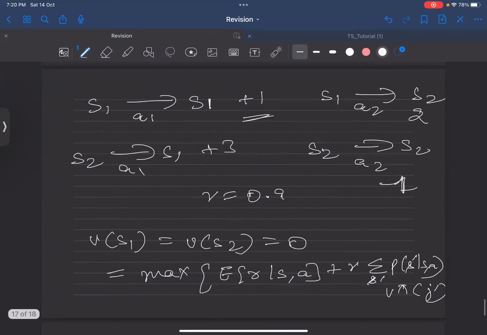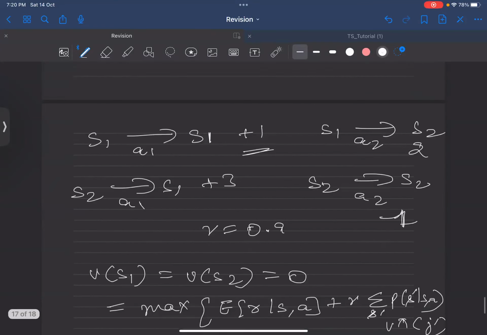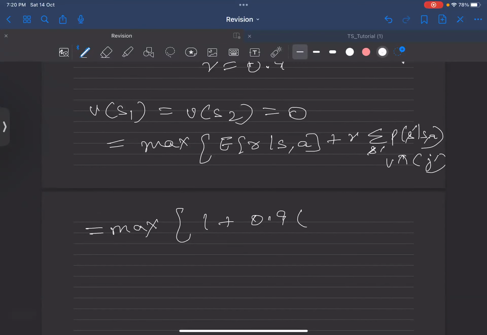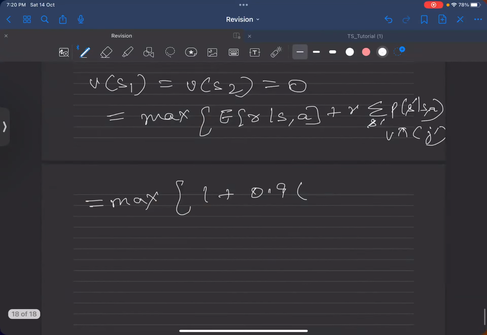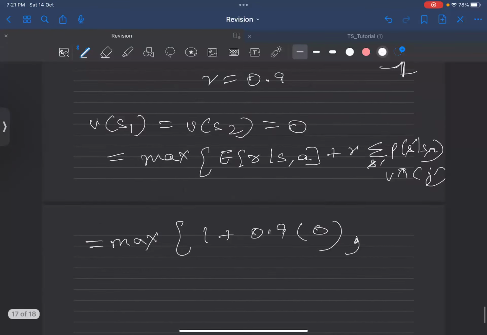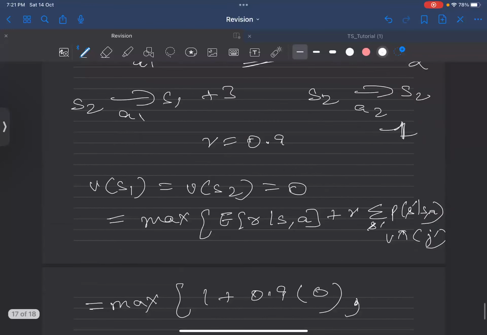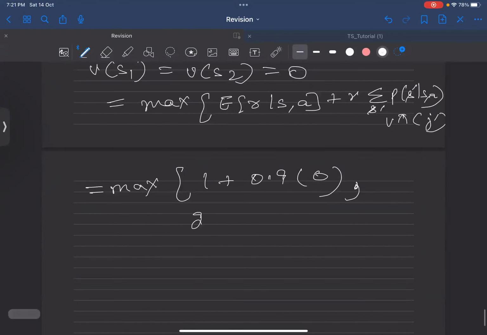The reward is +1 plus gamma, that is 0.9. We are taking it deterministic here, and as they are initialized as 0, okay. And for state 2, for action 2, I got the reward 2 plus 0.9 times 0.